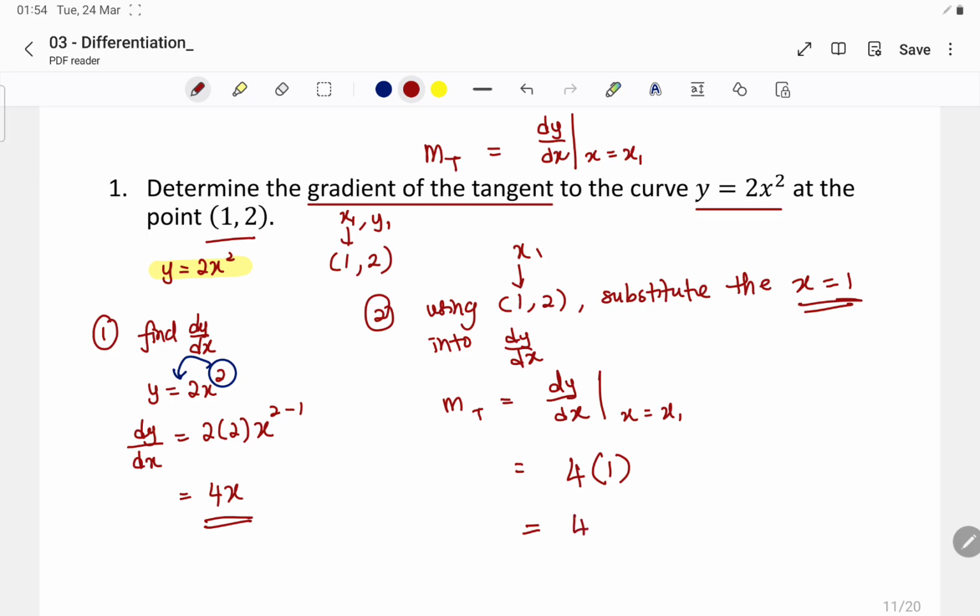So you get 4. So basically your mt, the gradient of the tangent, is equal to 4. That's it for finding the gradient of the tangent. Easy job this one. Remember, find dy/dx, and then you substitute the value of x inside the dy/dx. That is how you find the gradient of the tangent.